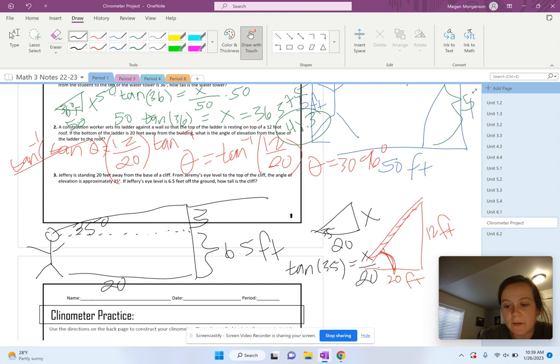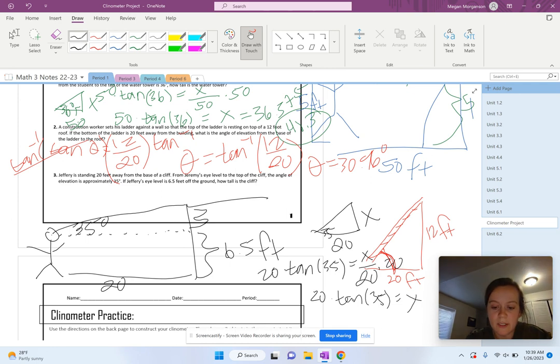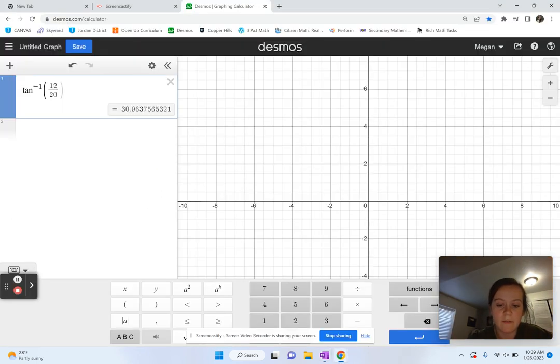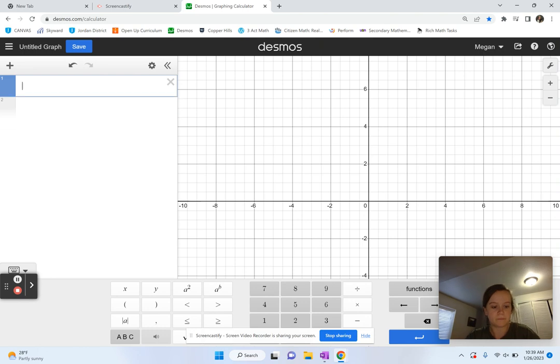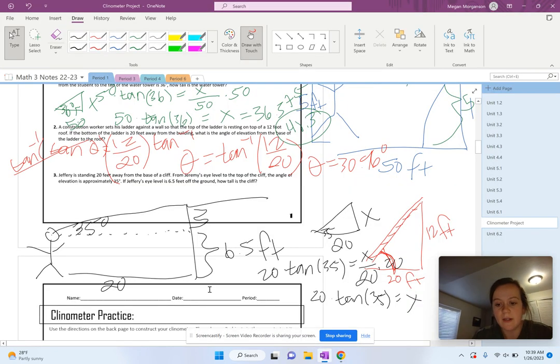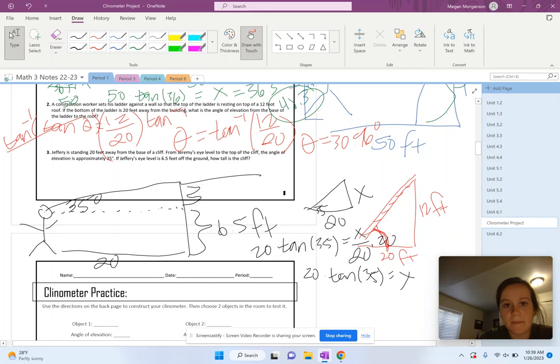We need to get x by itself, so I'm going to multiply both sides by 20, and you get 20 times tangent of 35 equals x. So let's plug that in. 20 times the tangent of 35. Tangent of 35 is 14.00. So let's go over here. So x is 14.